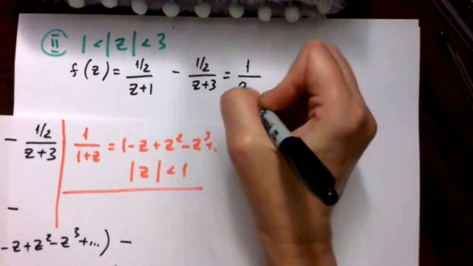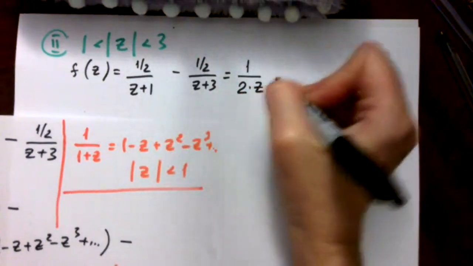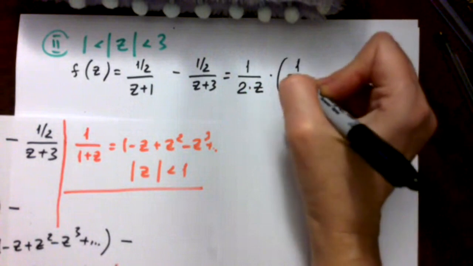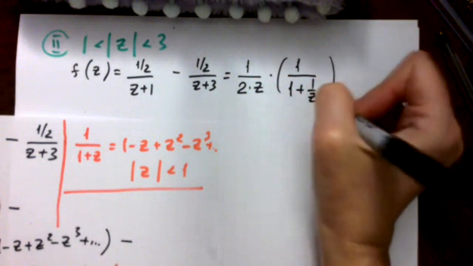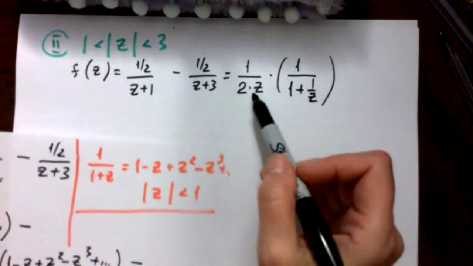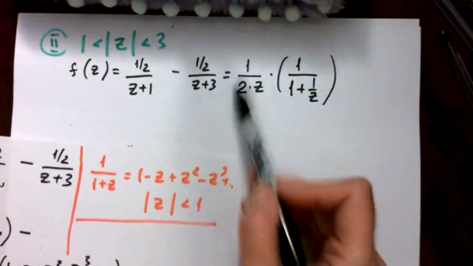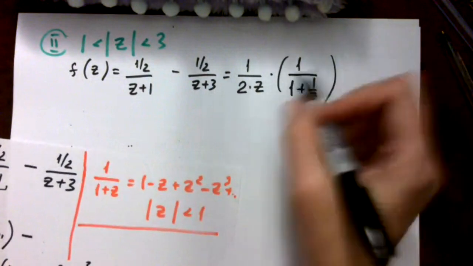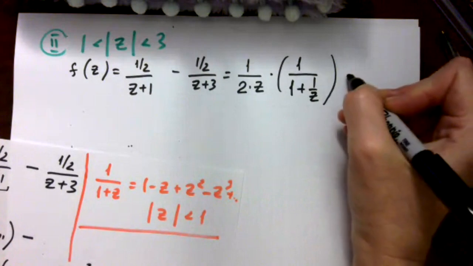So I'm putting 1 over 2 in front, just for convenience, and also I'm pulling z out of this expression, and I have 1 plus 1 divided by z this time. I'll do it quicker than in the previous examples, because you're supposed to get used to it already. Okay, so I prepared the first term for the canonical expansion.